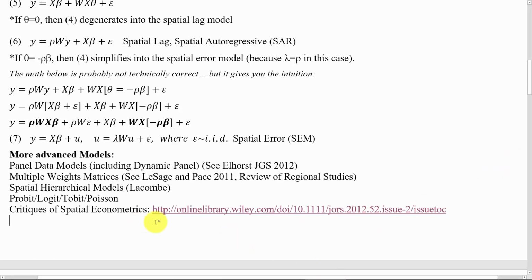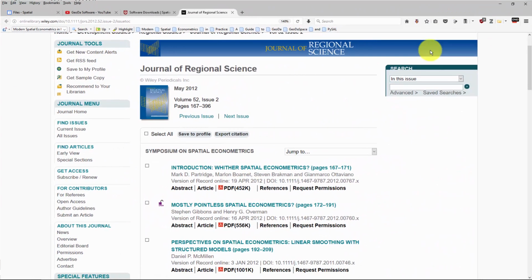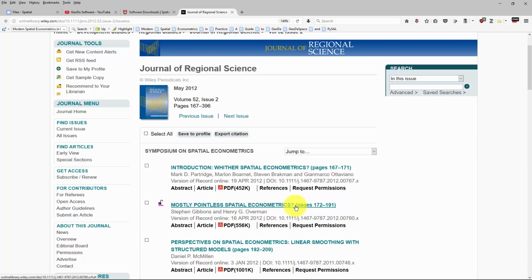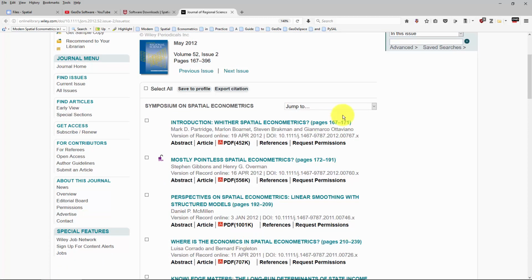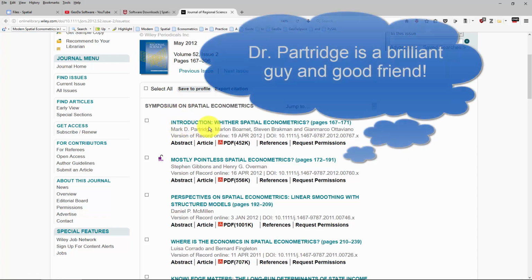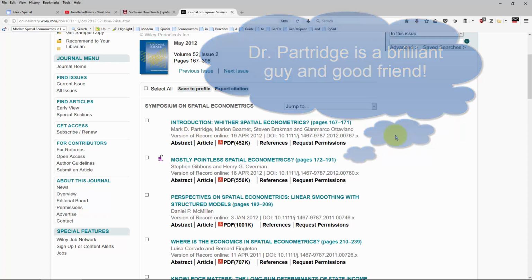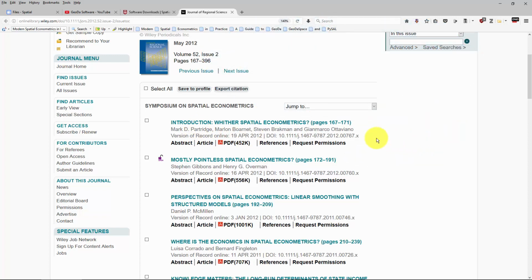A good place to get started, I have this link here, but let me just show you where this goes. This is an issue of the Journal of Regional Science from May 2012, where the first few articles are all criticisms of spatial econometrics. Mark Partridge, one of the editors of the Journal of Regional Science, is a sometimes vocal critic of spatial econometrics.